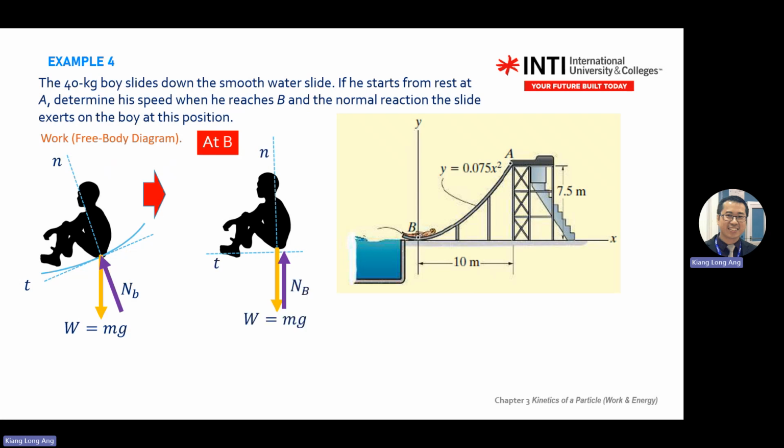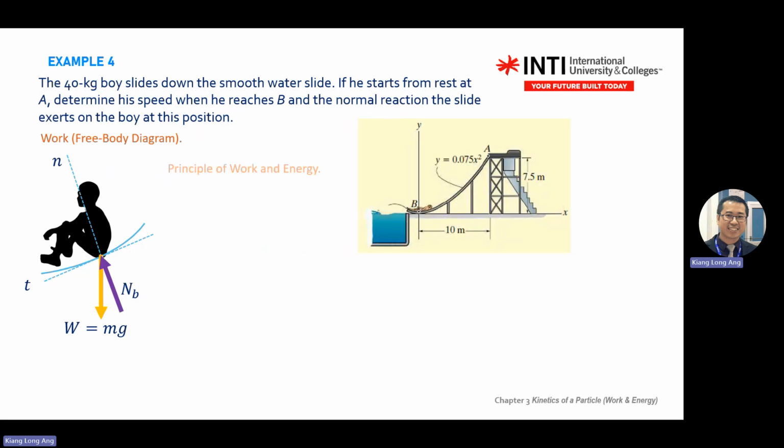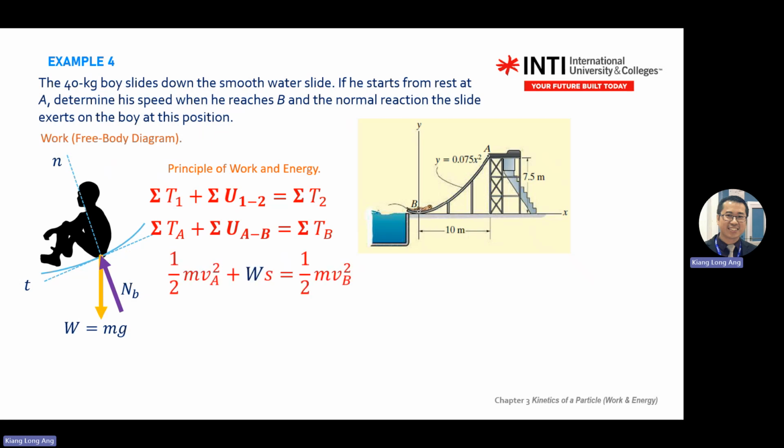So there are two scenarios. Then you just apply the principle of work and energy. So all the work done equals the change of kinetic energy, 2 minus 1. Substitute the values, right? You find the missing parameter, it is VB.